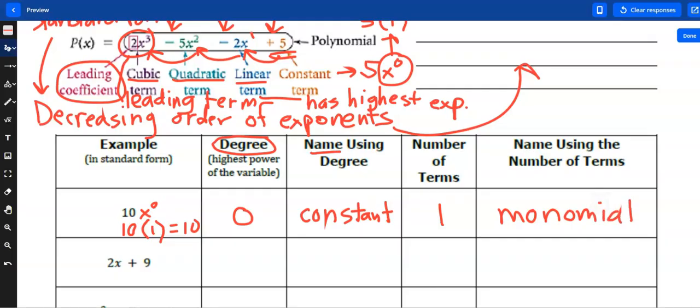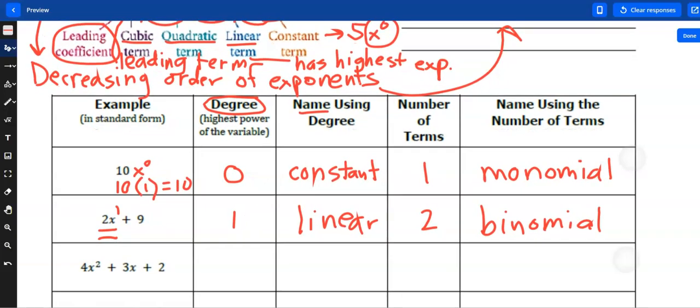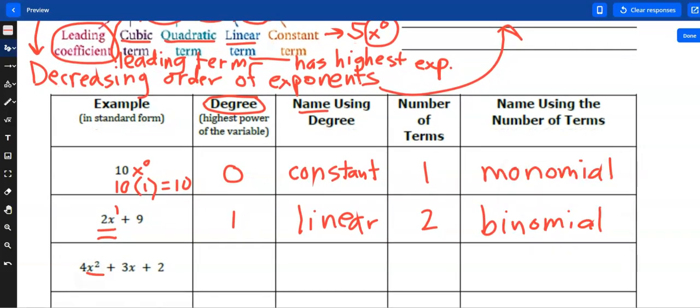One term. Next one up, highest exponent is a 1, right? We call that a linear. This one, this linear, has two terms, and so we call that a binomial. Prefix bi telling us that there are two terms. This one, the highest exponent right there, is a 2. That's what we would call a quadratic. This particular quadratic has three terms.